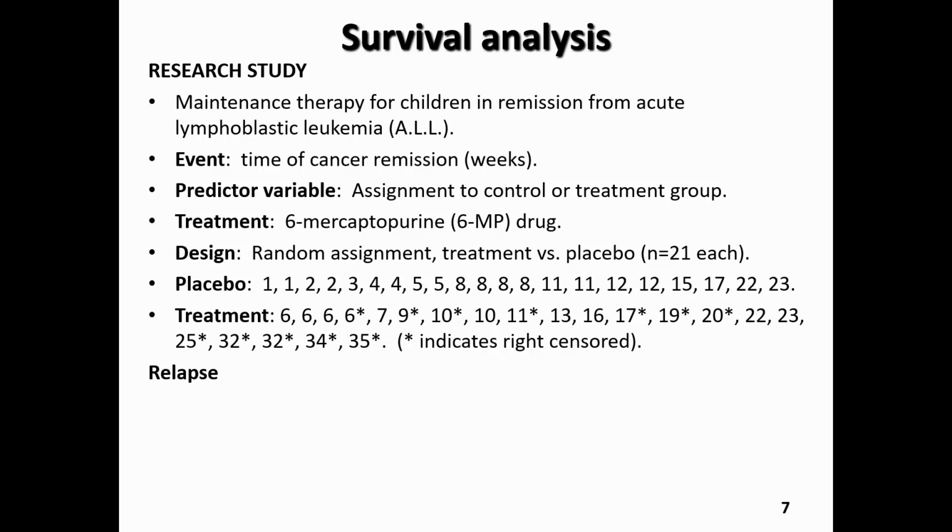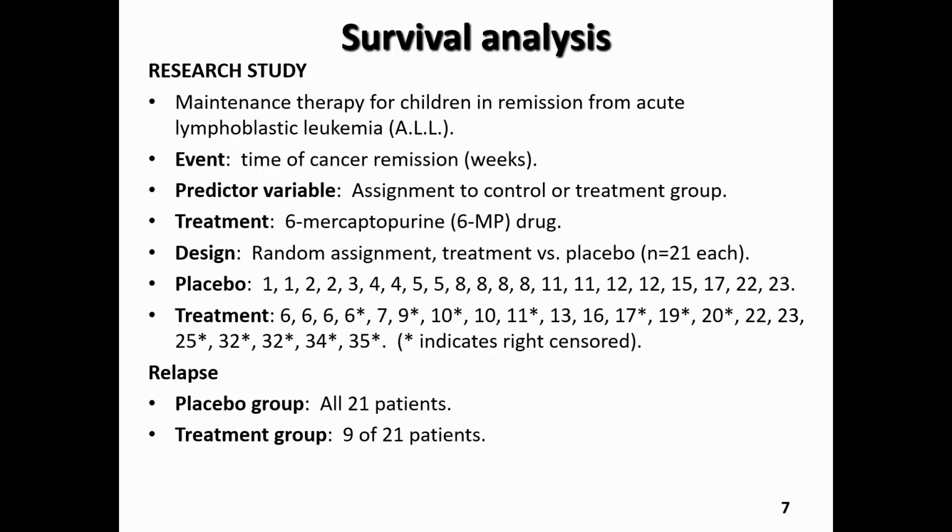In terms of relapse, some of the descriptive data in this hypothetical study indicated that all 21 patients in the placebo group relapsed with this particular type of leukemia. Within the treatment group, 9 of the 21 patients were found to relapse.